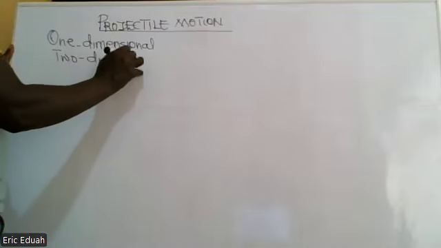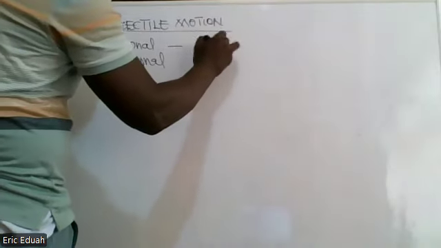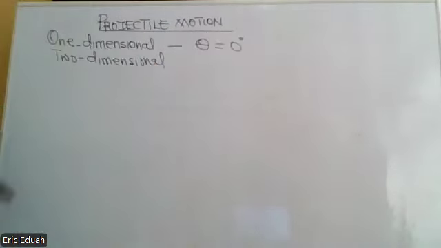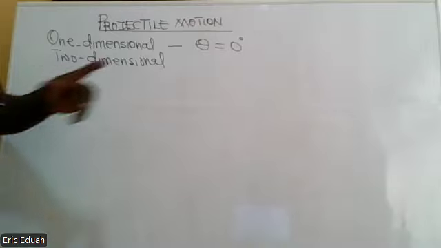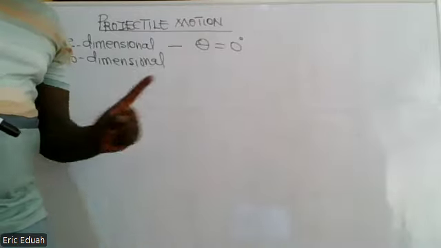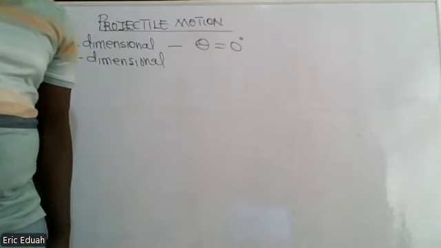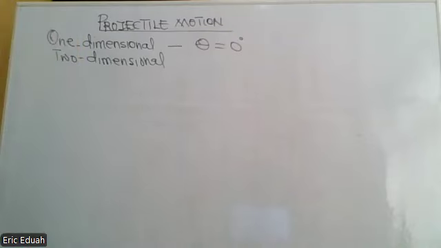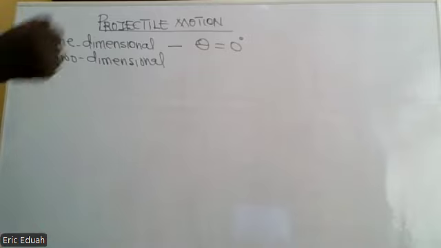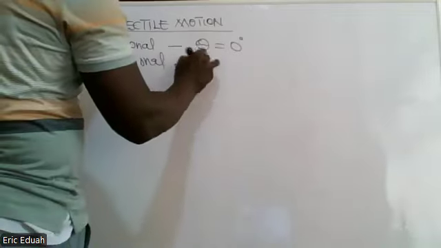In two-dimensional projectile motion, in one dimension theta is equal to 0. So the velocity which shoots the object makes an angle of 0 with the horizontal. And here, theta is not 0.